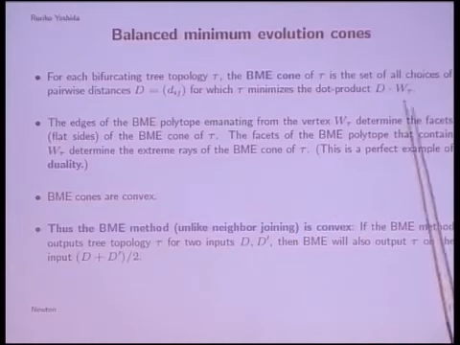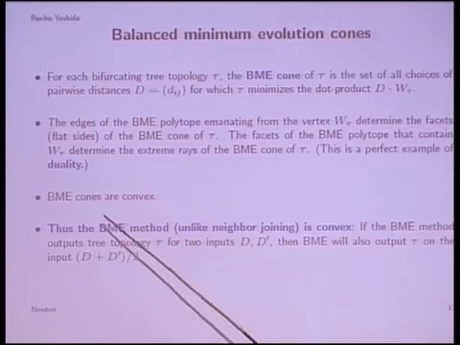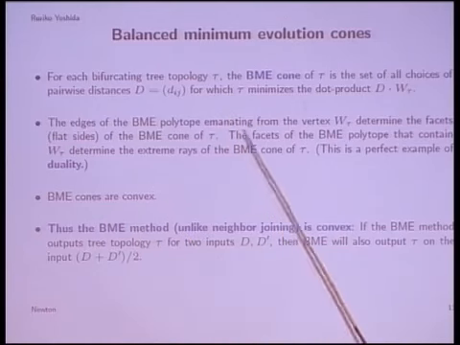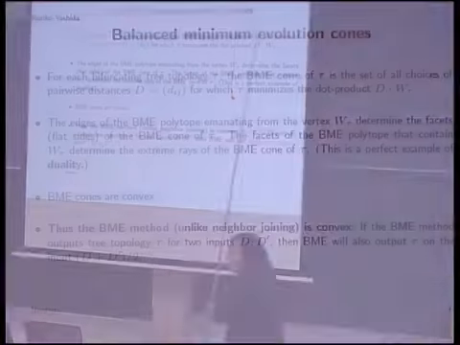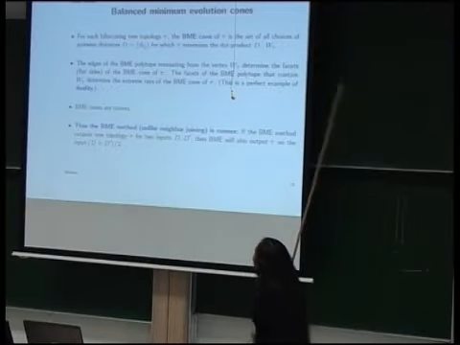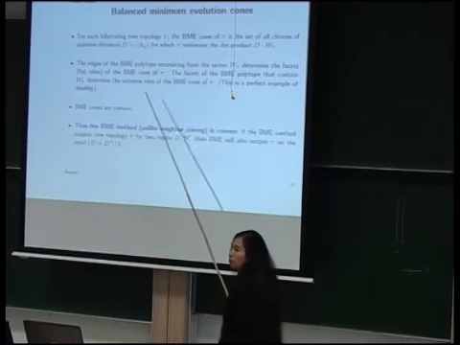So that's a duality. And another nice thing is that BME cones are convex, not like the neighbor-joining cone. So this is very nice, and in terms of commutative algebra, that's actually the normal fan of the BME polytope.